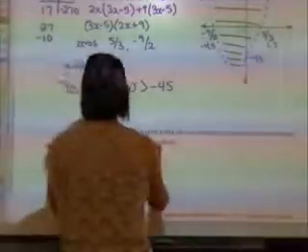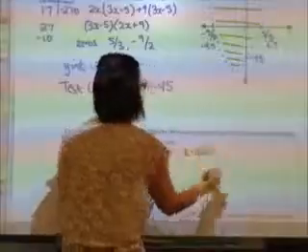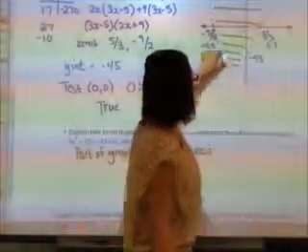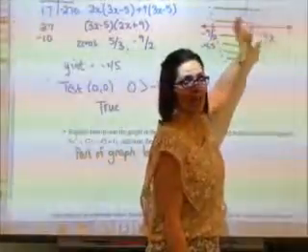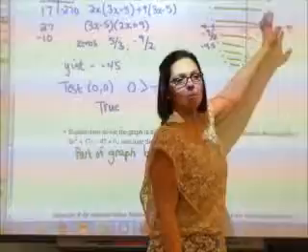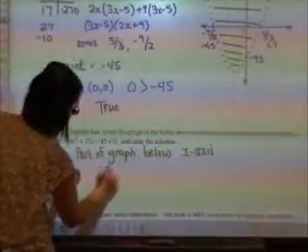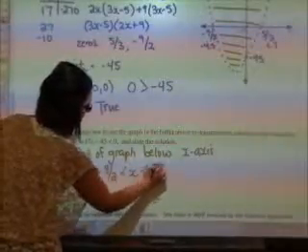Below the x-axis. So if I look at the graph, the part that's below the x-axis is the part from negative 9/2 to positive 5/3. So the way that we would write that is negative 9/2 is less than x, which is less than 5/3.